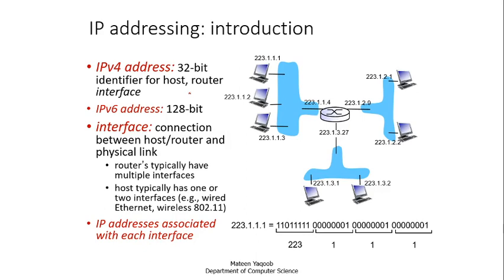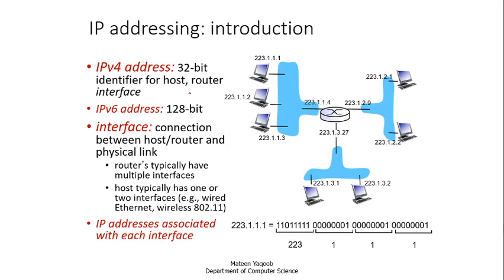Your host, laptop or desktop can have an Ethernet-based interface, which is usually called a network interface card, and a laptop or desktop usually consists of one Ethernet interface and one wireless card or wireless interface.